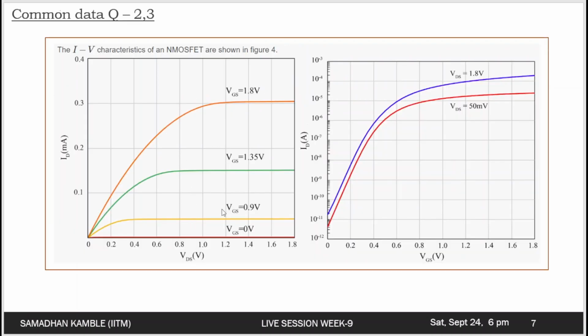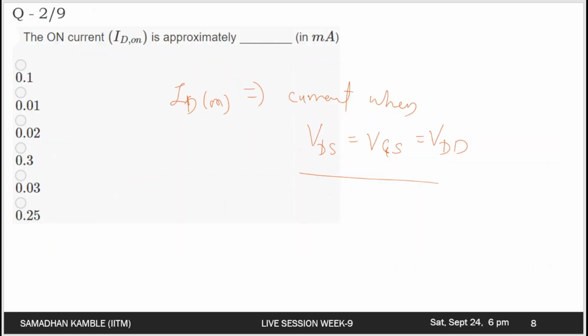VGS is 1.8 volt corresponding to VDS of 1.8. So this is the point where our condition gets satisfied, that is VDS equal to VGS equal to VDD. So our ID on corresponding to this point is 0.3 milliamp.